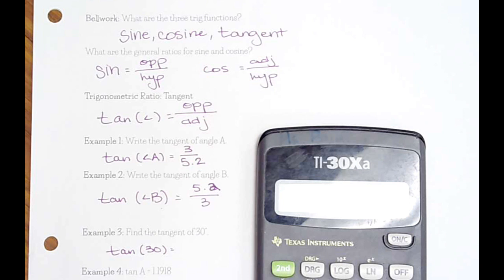I'm going to do the exact same thing I did here. I'm going to change their positions. But when I do that, I'm no longer working with tangent, I'm working with inverse tangent. So angle A is equal to the inverse tangent of 5/8.